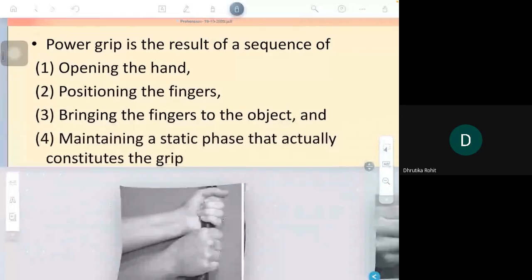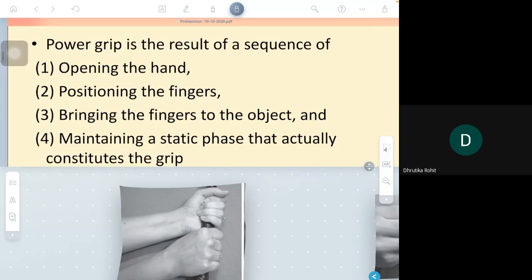What does positioning the fingers mean? The object may be of different size and shape. According to the shape and size of the object, you have to position your fingers. Am I right?